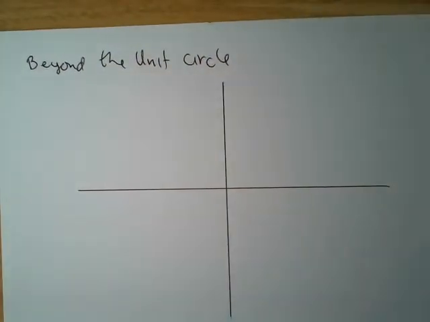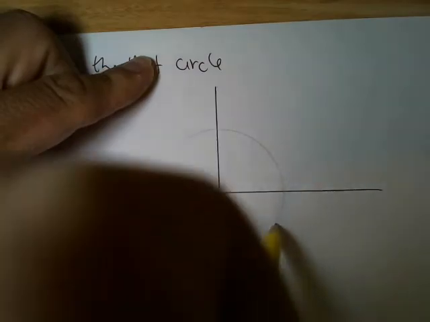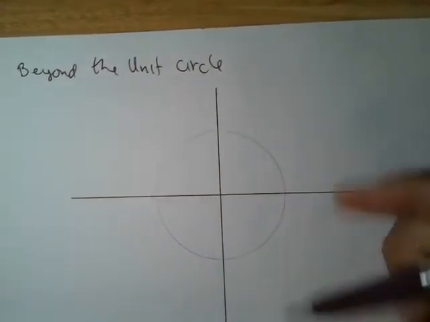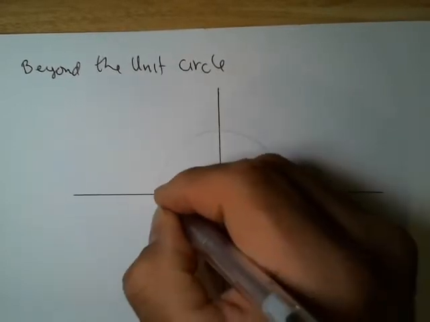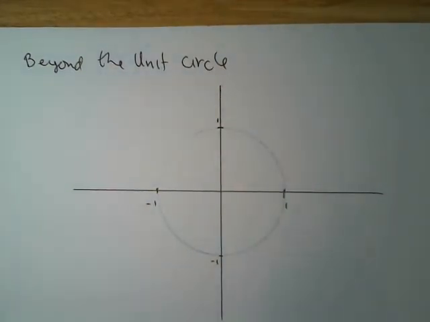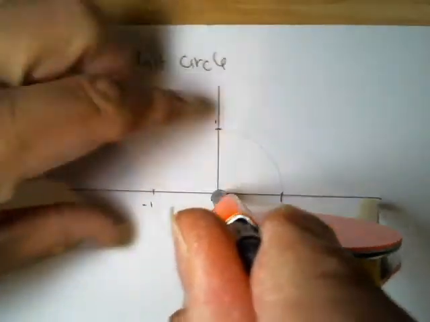As we saw here, we started all this stuff about sine and cosine with a unit circle. Unit circle, again, radius of 1. But what if we just had a circle that was not the unit circle?